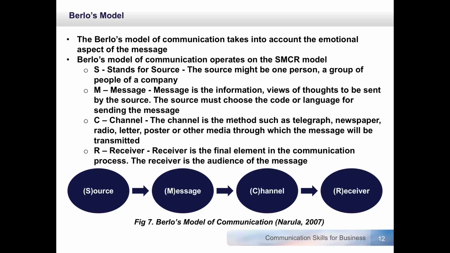Say suddenly somebody has been diagnosed with a fatal disease, and you have to break that message to the relatives so that they understand the severity of that condition, but also you have to have a bit of empathy and emotional aspect to your message.